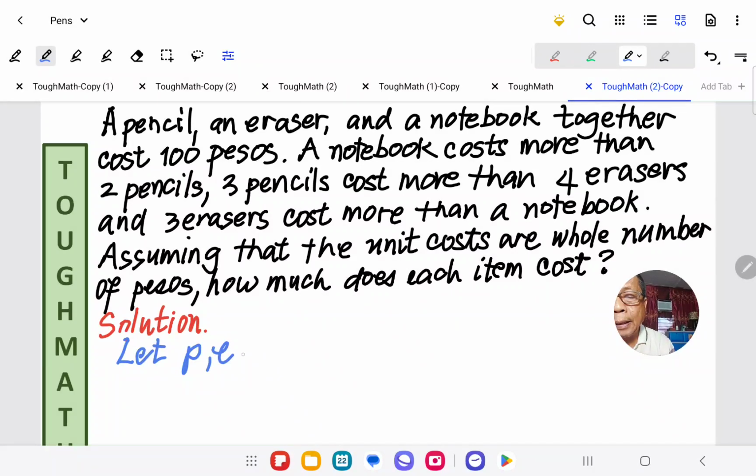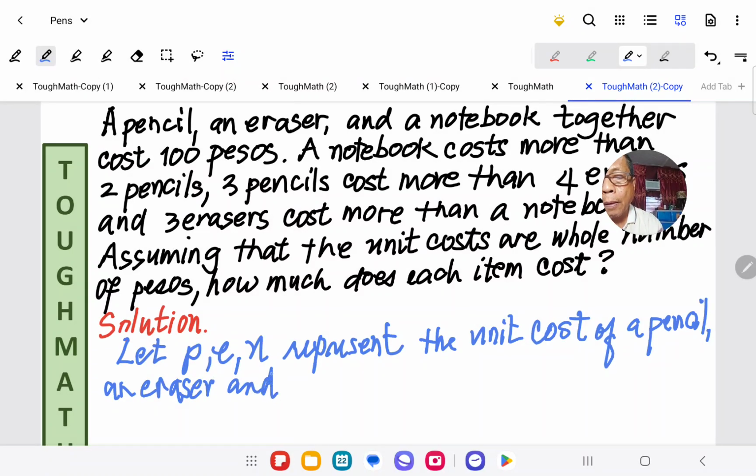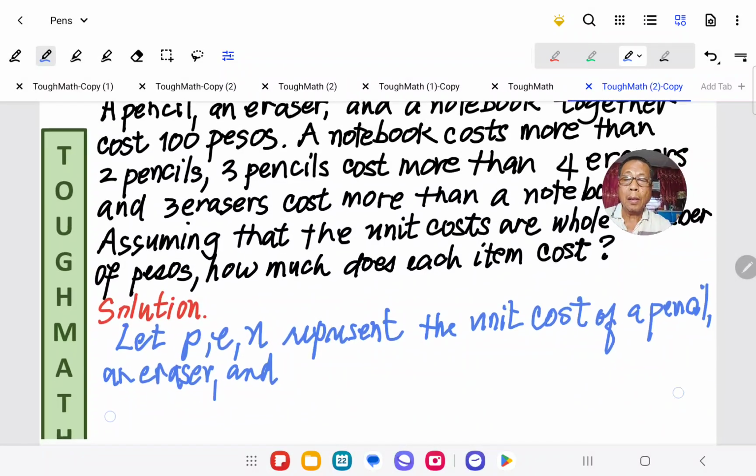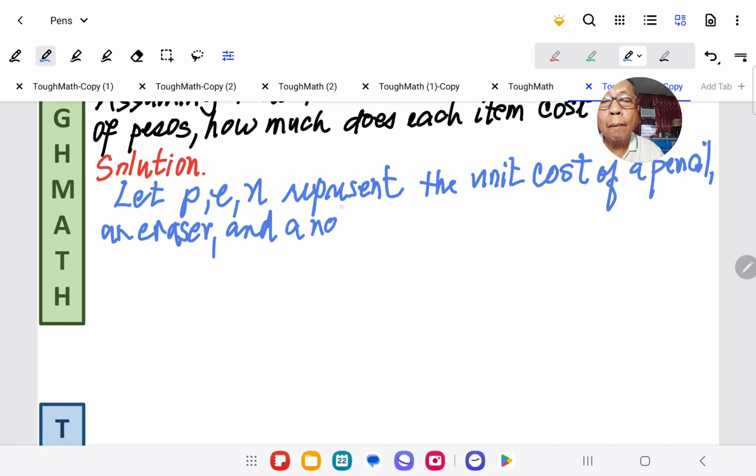So let P, E, N represent the unit cost of a pencil, an eraser, and a notebook, respectively.